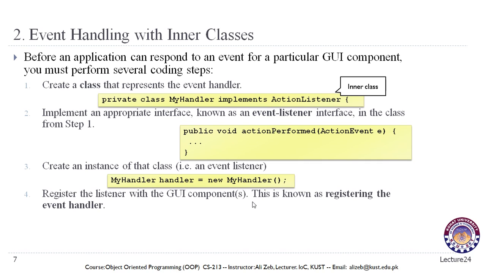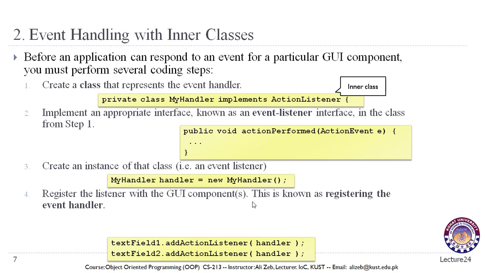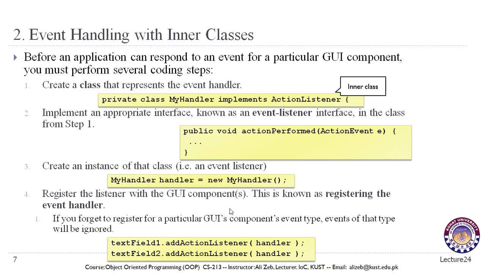This process is known as registering the event handler, or in simple terms we can call it associating this object that we have created with the particular component on our form. So this process is called registering the event handler with the particular component.